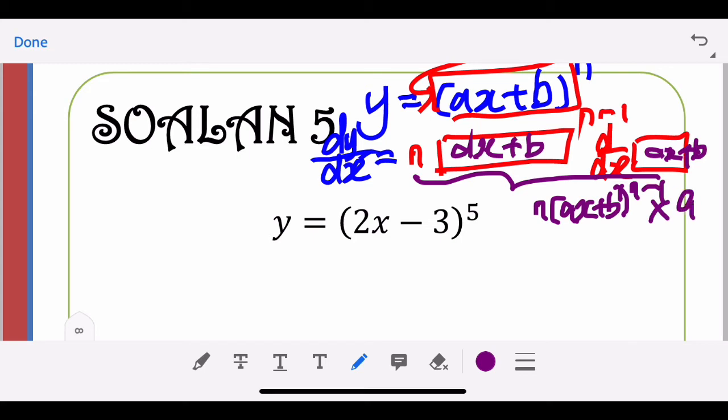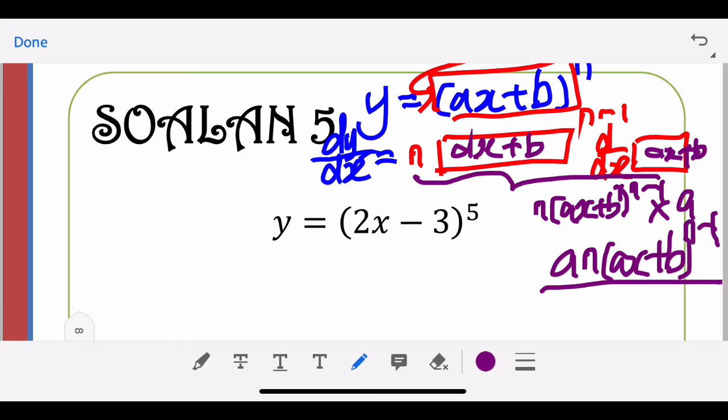So there is an n multiplied by (ax plus b), and then minus 1 in the power. This is a formula that you must memorize in order to solve the chain rule.